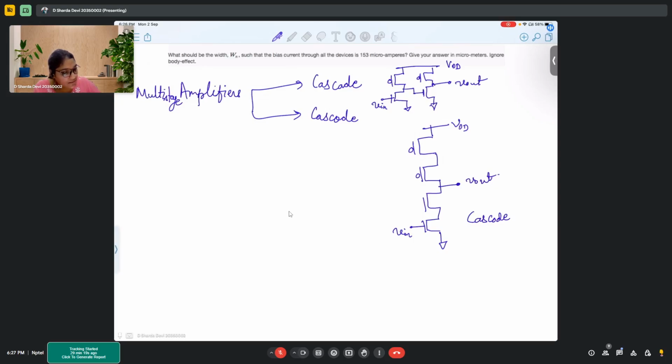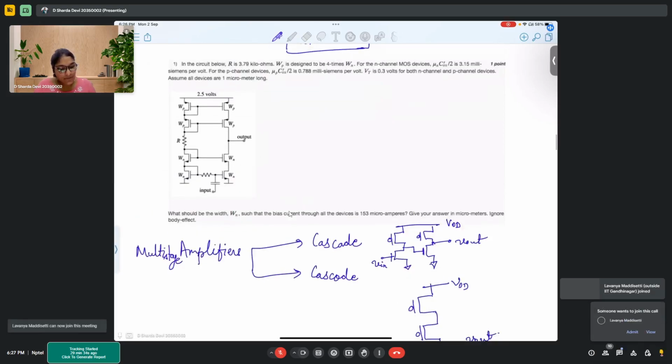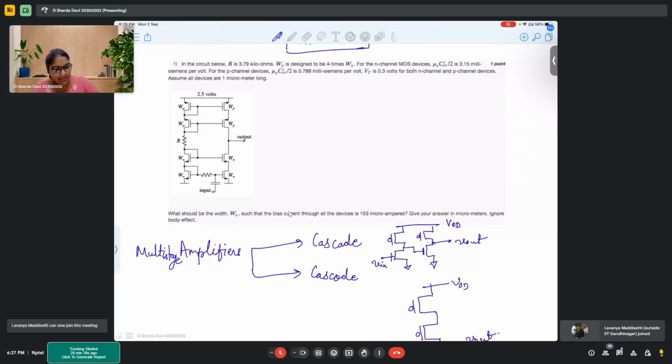The moment you see more transistors either stacked one above another, that is also a multi-stage amplifier, or you see multiple in parallel, then also it is a multi-stage amplifier. In this particular figure, if you observe very carefully, this is talking from one side only, half side. You have a cascode configuration, right?